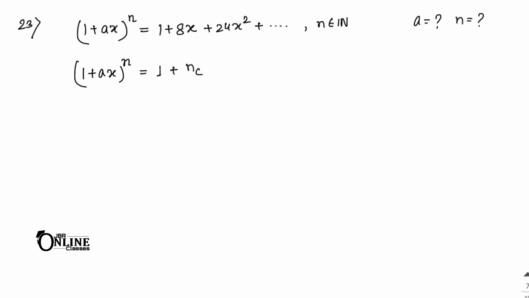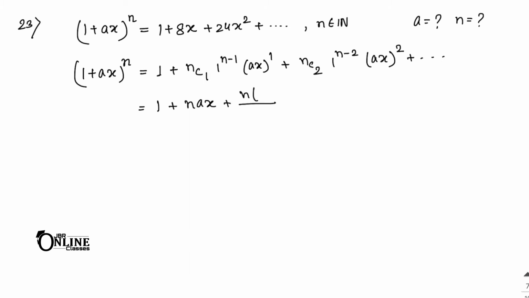Next is nC1, 1 to the power n minus 1, and then (ax) to the power 1. After that nC2, 1 to the power n minus 2, (ax) to the power 2, and so on. So you can write it as 1 plus nax, and the next one will be n into (n minus 1) by 2, a square x square, plus dot dot dot.